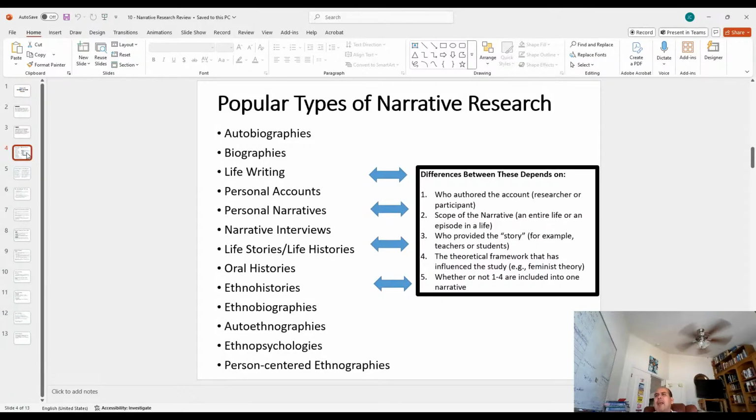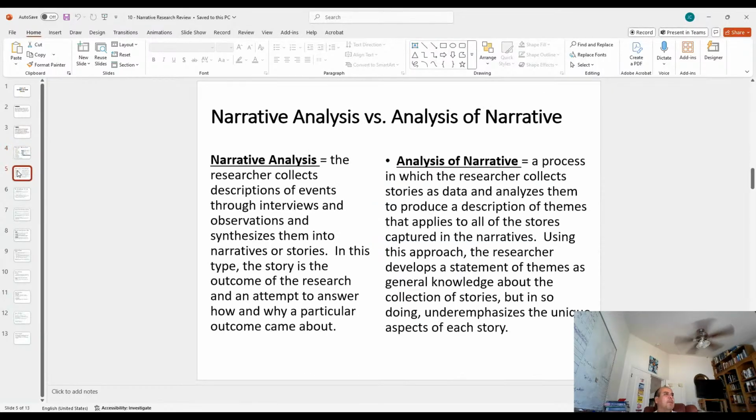How do I look at that and make sure that I don't underplay or underwrite those stories of racism, that I really take them for the power that they're providing? And then also whether or not any of these are included in one of the narratives is going to be key.